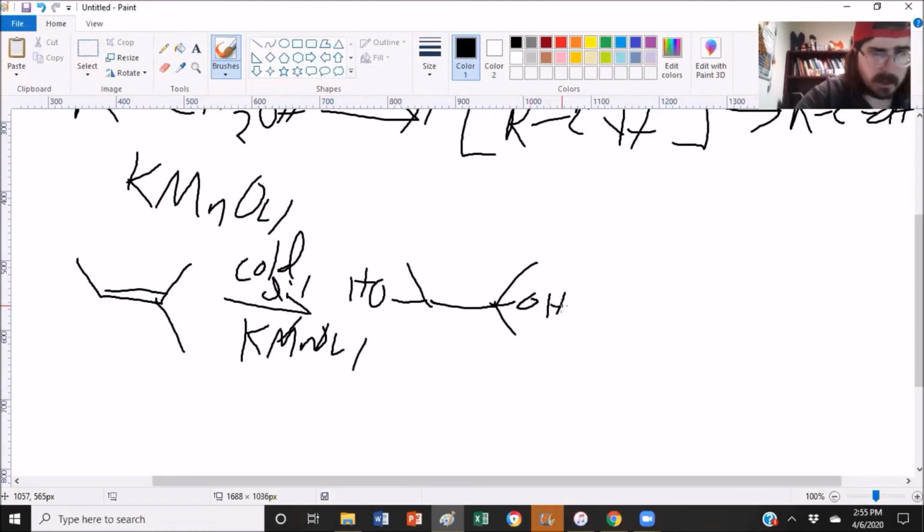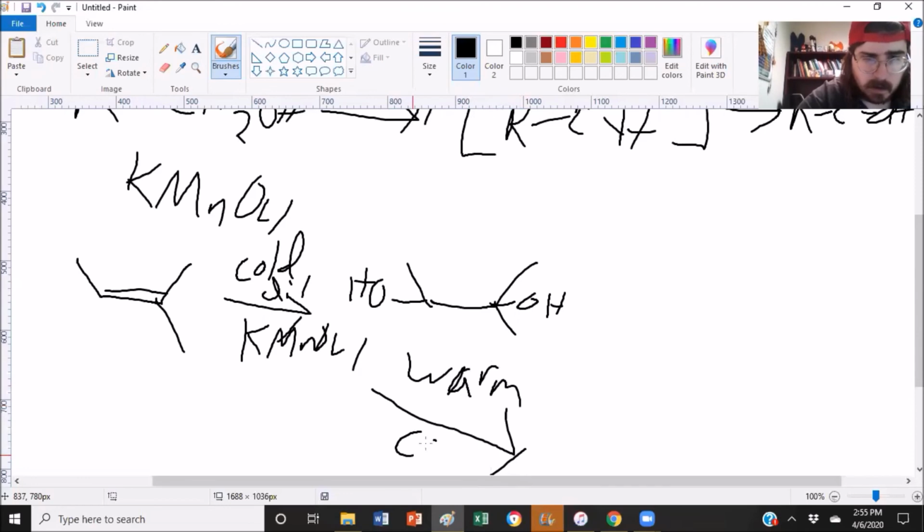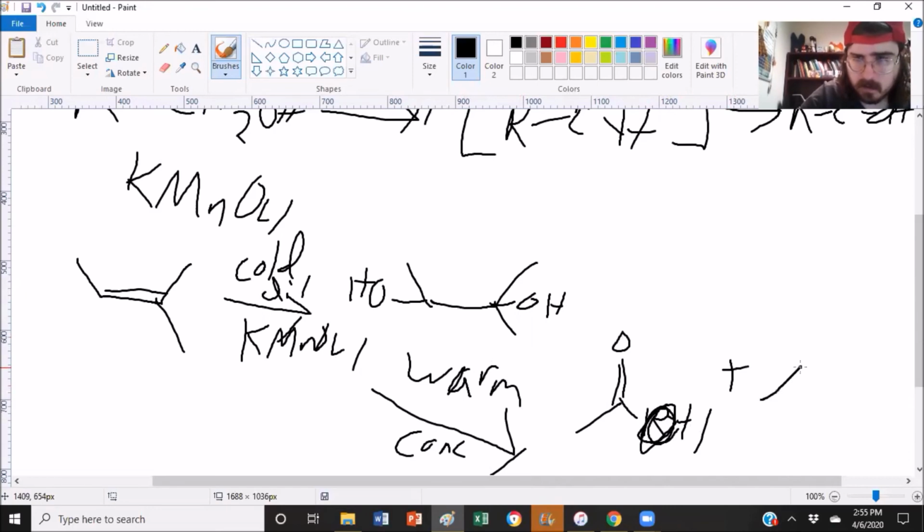But if we instead had done warm and concentrated, we just snap it off, and we form the fully oxidized products.